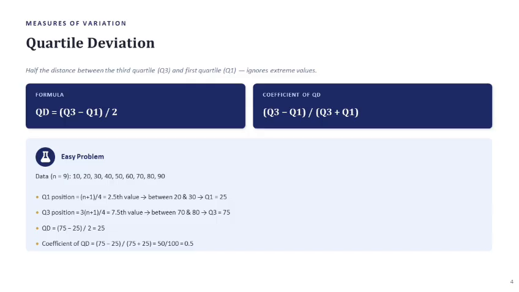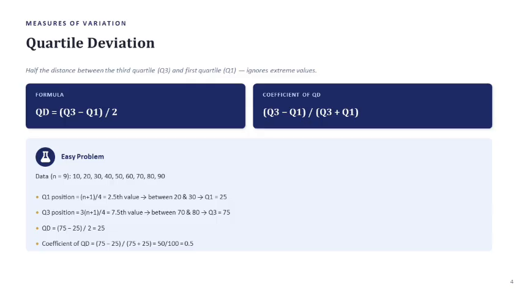Now we have to consider the Q1 position, that is equal to n plus 1 by 4, that is equal to 9 plus 1 by 4, which is equal to 10 by 4, that is equal to 2.5th value. That is between 20 and 30 in the data set. Therefore Q1 is equal to 20 plus 30 divided by 2, which is equal to 50 by 2, that is equal to 25.